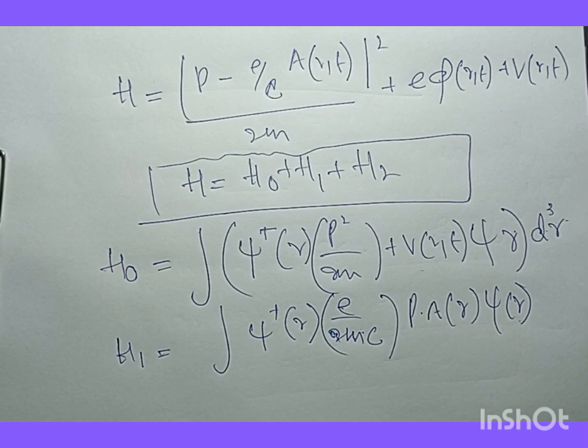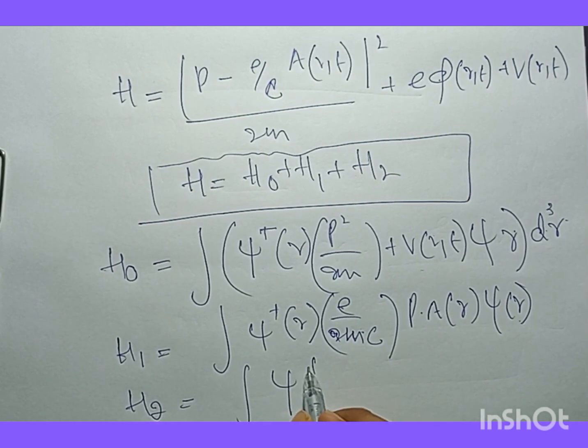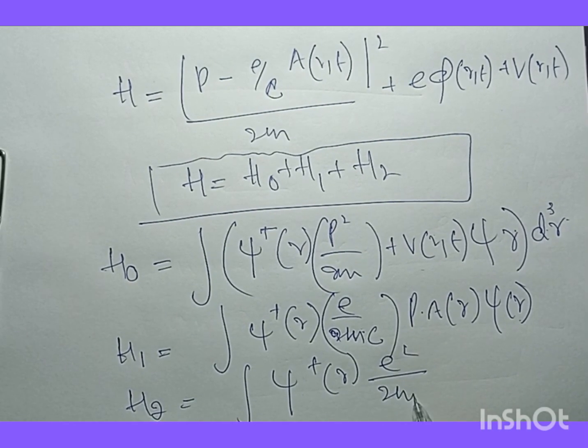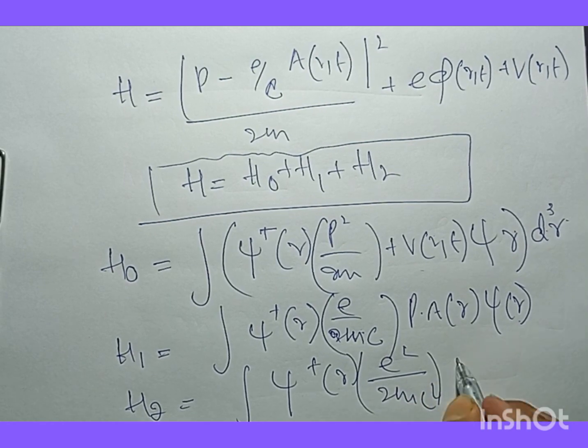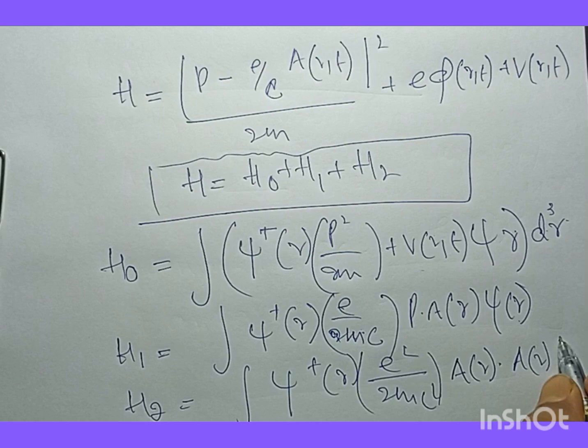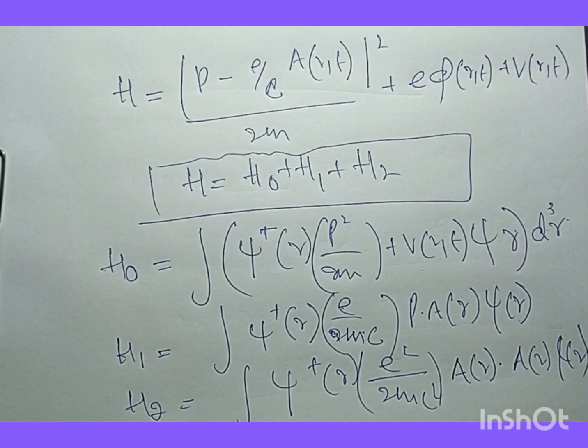And then we have H2, which is psi dagger of R, then e squared by 2m c squared, A of R dot A of R, psi of R.